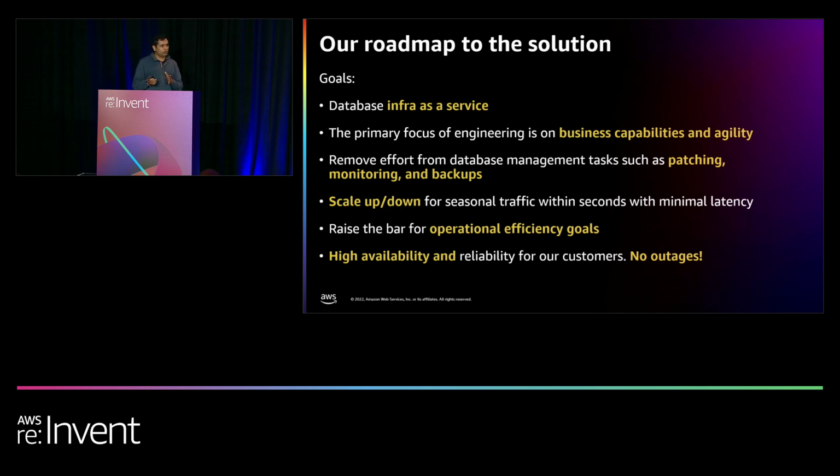This way, we could do away with all the operational and administrative overheads. 2, we wanted to stay focused on delivering business agility for our customers. We did not want our database layer to be the slowest moving block in our platform ecosystem. 3, we wanted to dynamically scale up or scale down all of the capacity so that we could keep our AWS costs optimal in the longer term.